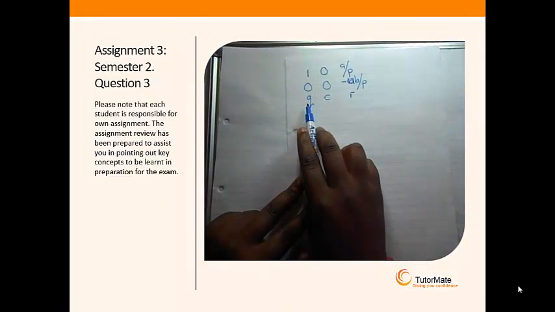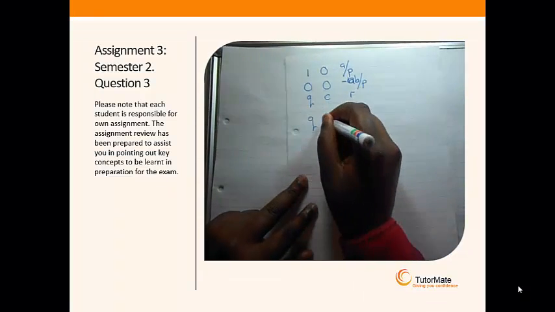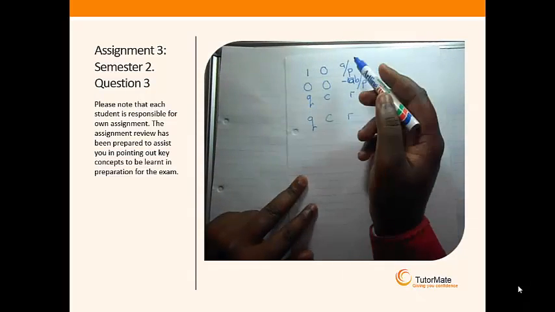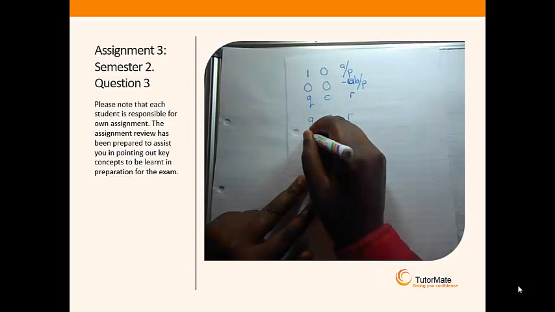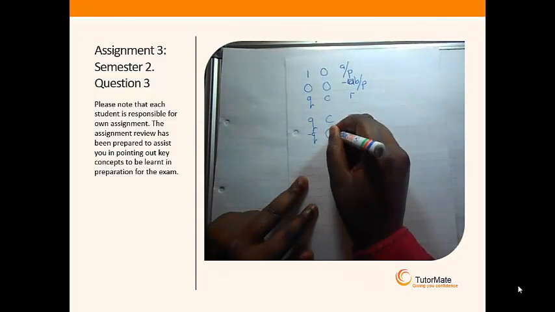For me to turn this into a 0, I add to my third row minus Q times the first row. So minus Q times 1 is equal to minus Q. Minus Q times 0 is 0.